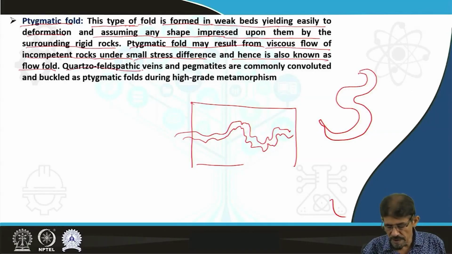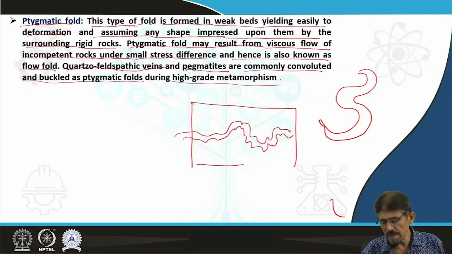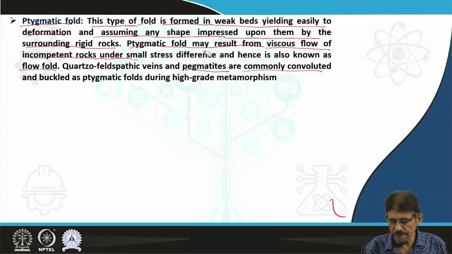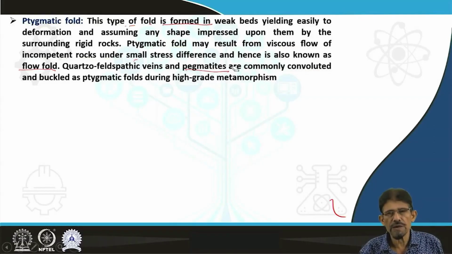The quartzo-feldspathic veins and the pegmatites are commonly convoluted and buckled as ptygmatic folds during high-grade metamorphism. Such folds we observe in high-grade metamorphism, like in amphibolite facies and granulite facies, etc. During the formation of pegmatites, there are varieties of ptygmatic folding of different features.